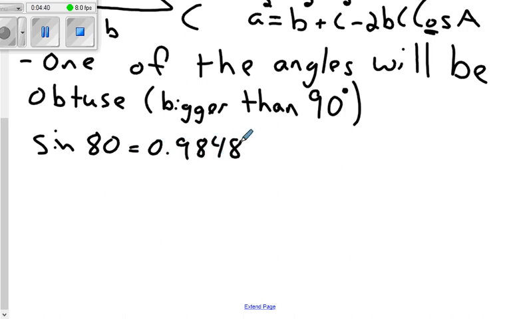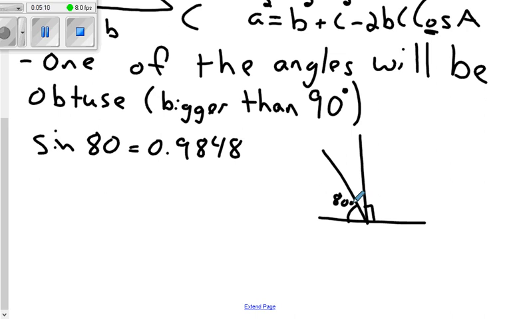Perfect. So we know that 80, if we had a drawing like this, this is 90 degrees. We know that 80 degrees is right here, and that's 10 degrees less than 90.